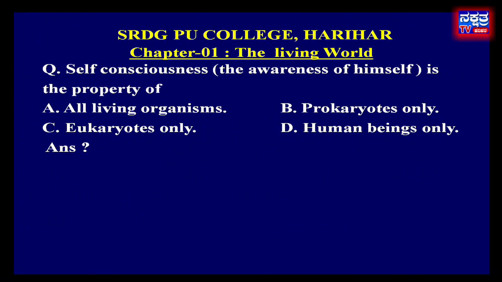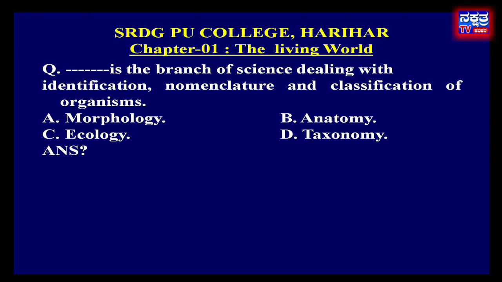Next question. Question is, dash is the branch of science dealing with identification, nomenclature and classification of organisms. The options are A. Morphology, B. Anatomy, C. Ecology and D. Taxonomy.